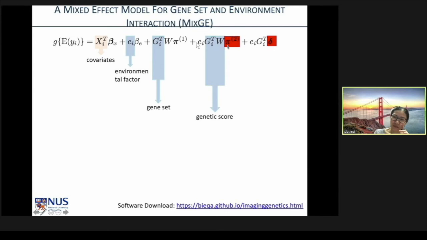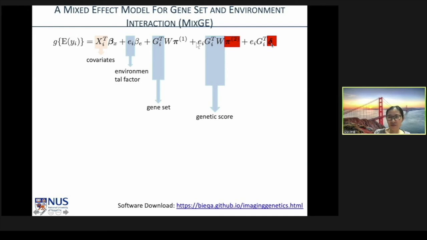These two measures can generate genetic scores that will be able to interact with the environmental factor. And pi down here is the coefficient related to how strong the interaction between the two is and how it contributes to the brain imaging phenotypes. We also introduce random effects.